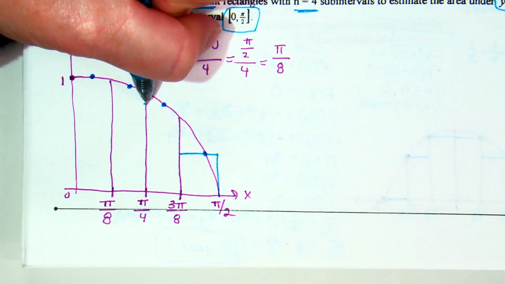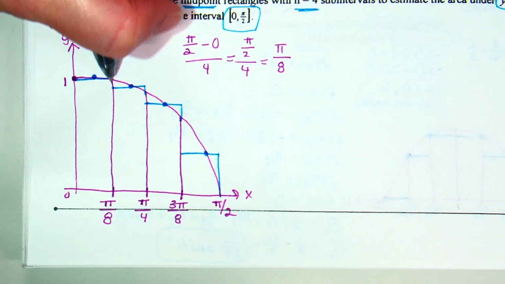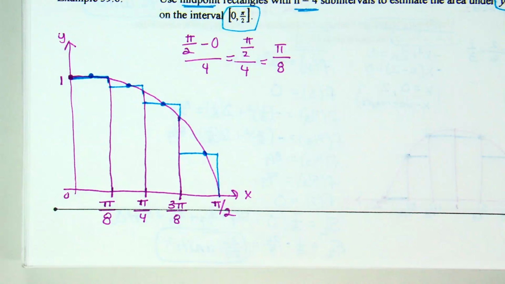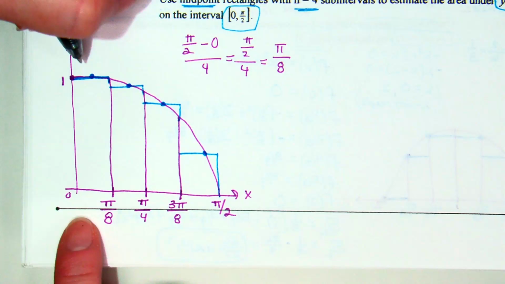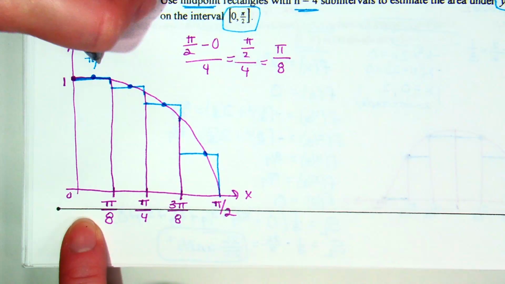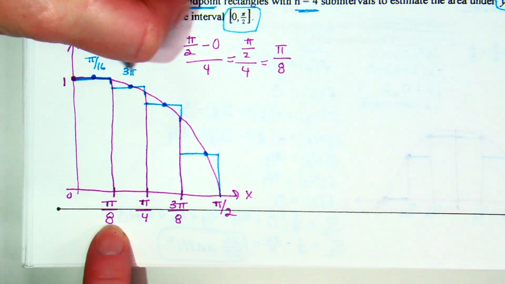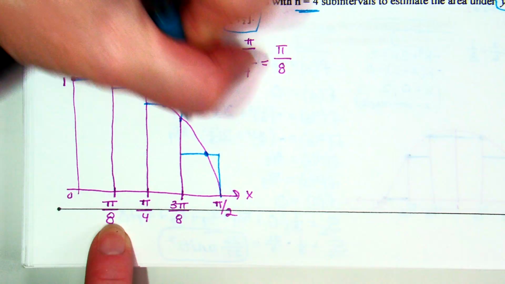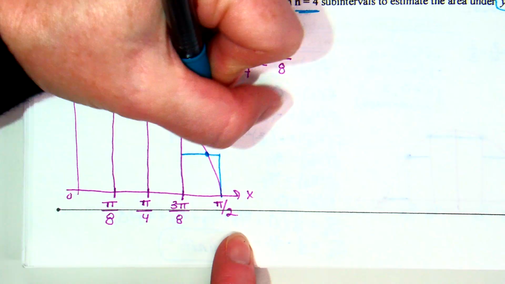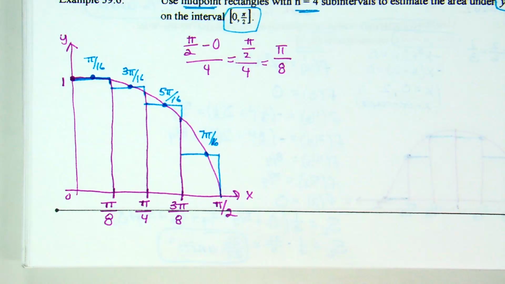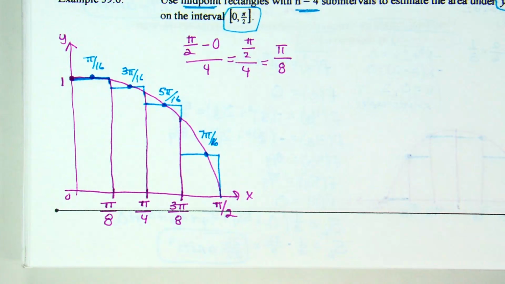And it's really hard for me to show it on this first one. Does that make sense what a midpoint does? Now, midpoints, you would have to know that half of 8s, this would be pi over 16, 3 pi over 16, 5 pi over 16, and 7 pi over 16. You would do the normal rest, okay?